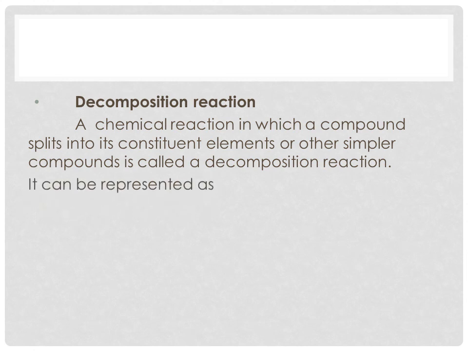It can be represented as AB gives A plus B. A single compound breaks into its constituent elements or other compounds. For example, when electric current is passed through water, water splits into its constituent elements, hydrogen and oxygen. Decomposition reaction takes place with the help of absorption of energy, maybe in the form of heat, light or electricity.